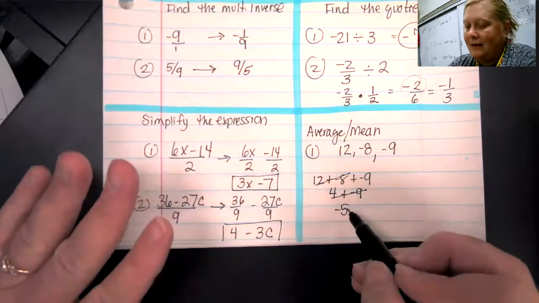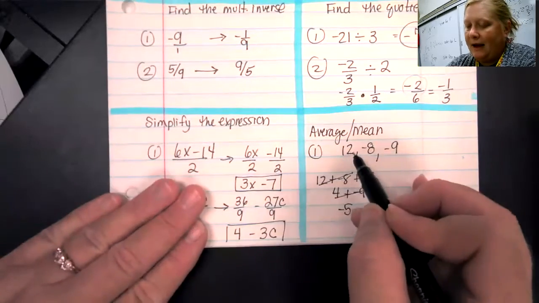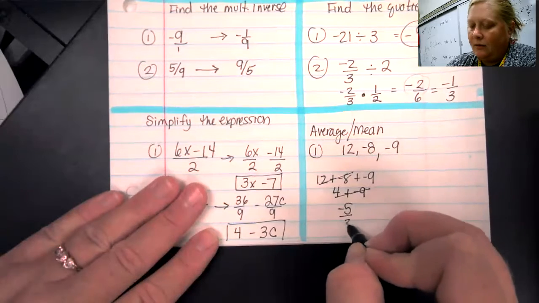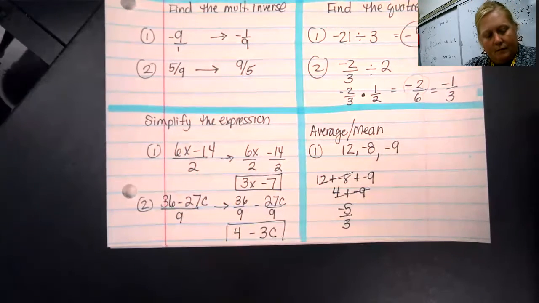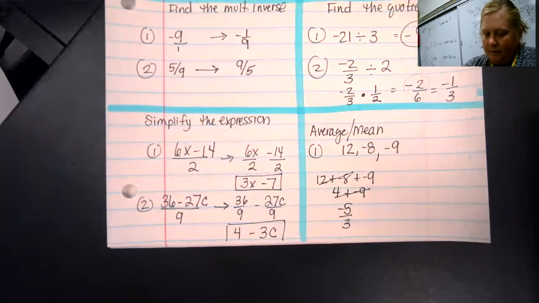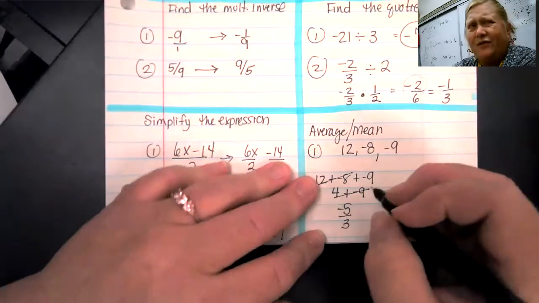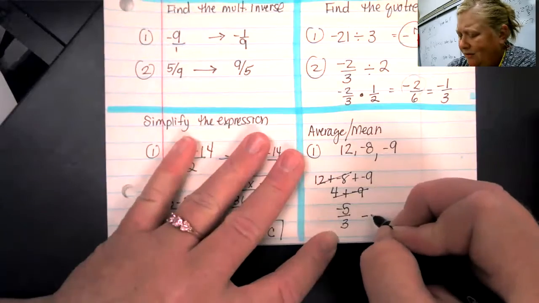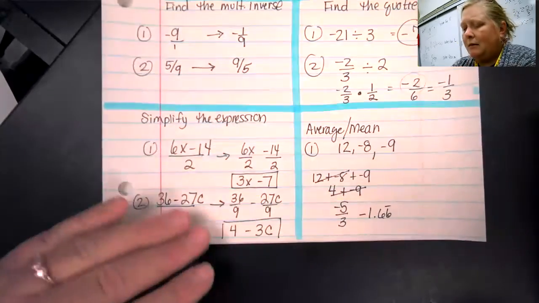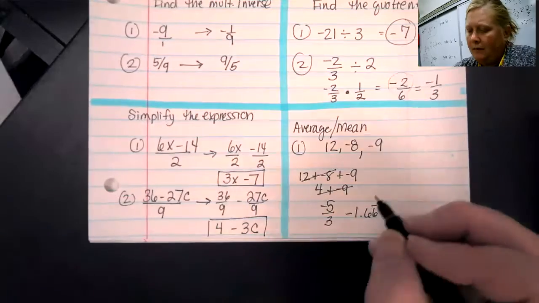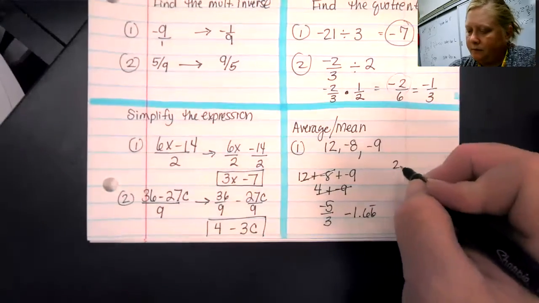And then take that number and divide by 3. So negative 5 over 3, wow, that's negative 1.66 repeating.